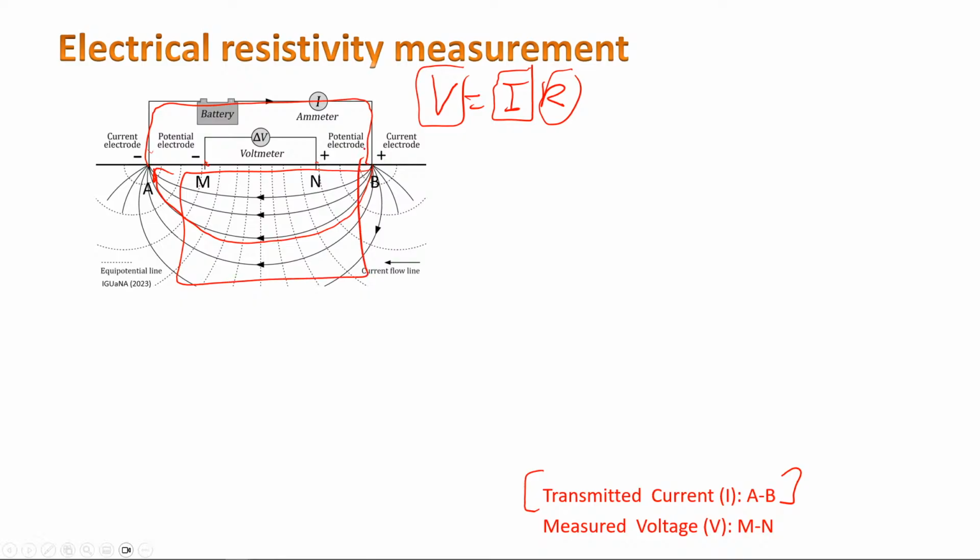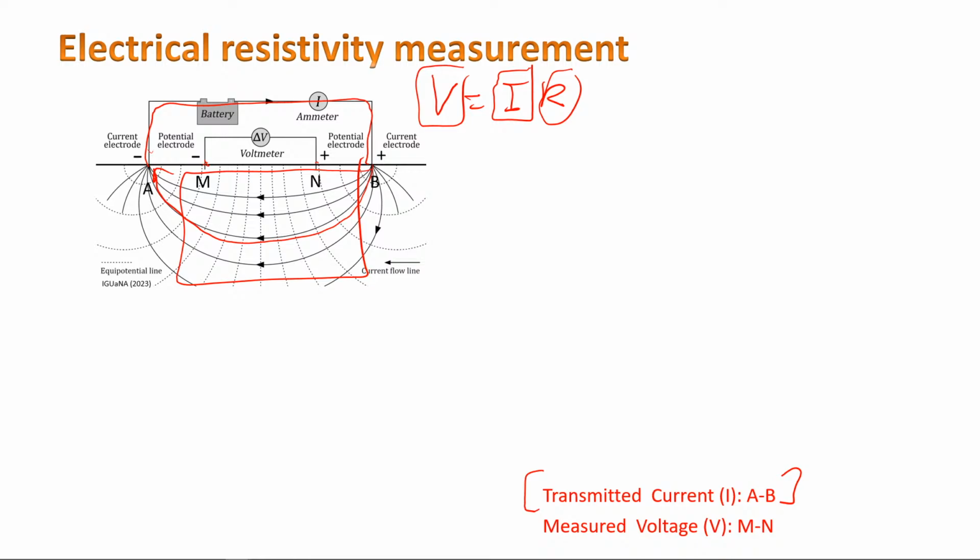Different earth materials will have different resistance, or rather we call it resistivity, because resistivity is a property of a material.